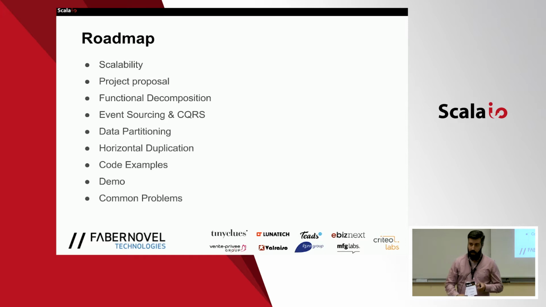You are going to see how this project can be decomposed functionally, what event sourcing and CQRS are, and some concepts like data partitioning and horizontal duplication. And finally, we are going to see some code snippets on how we can do that with Akka.